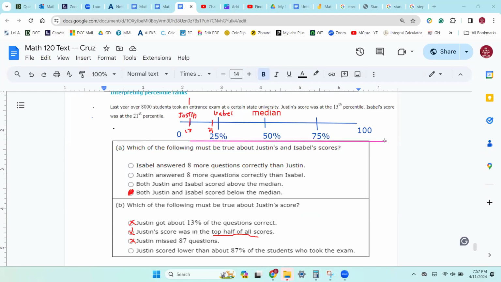From here to here for Justin, that's 87%. Down here is 13, and there's 87%. So that is what we know.